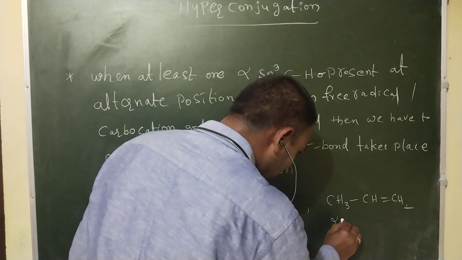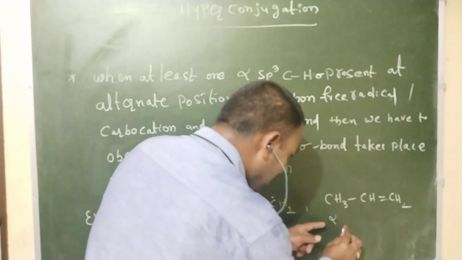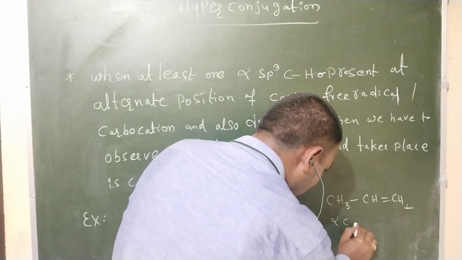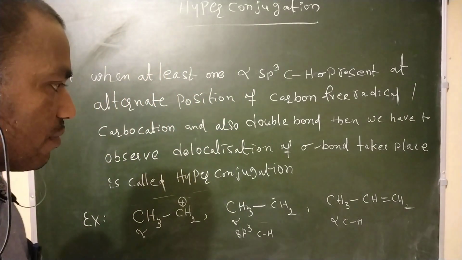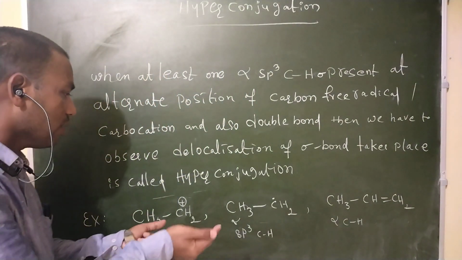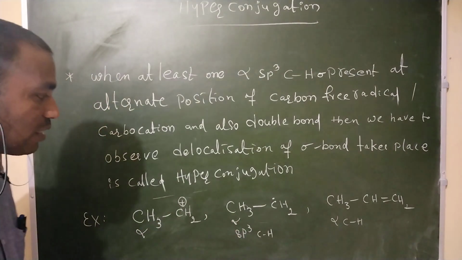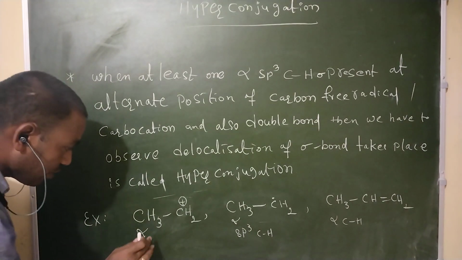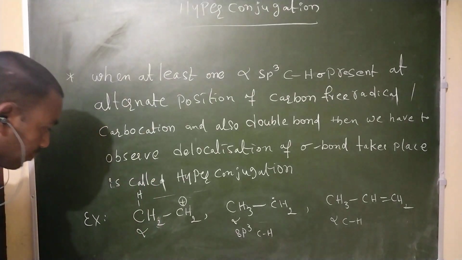Here the alpha carbon is sp3, and 3 sigma CH bonds are present at alternate position of the double bond, carbon free radical and carbocation. Then delocalization of the sigma bond takes place. How it undergoes, I will discuss now.